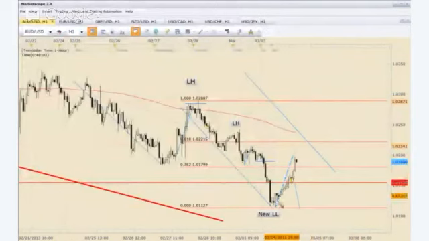So this looks like it's moving up. It might go and hit the 100, might get in between the 100 and 200. So this pullback still has more to go.